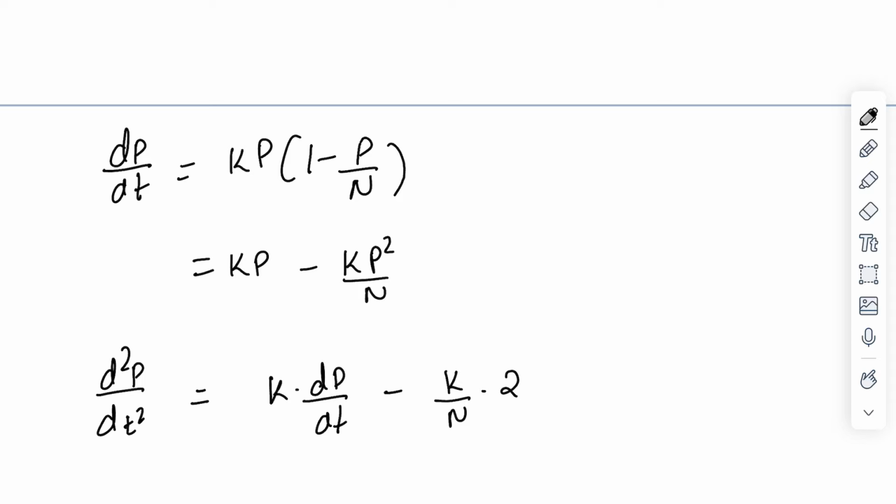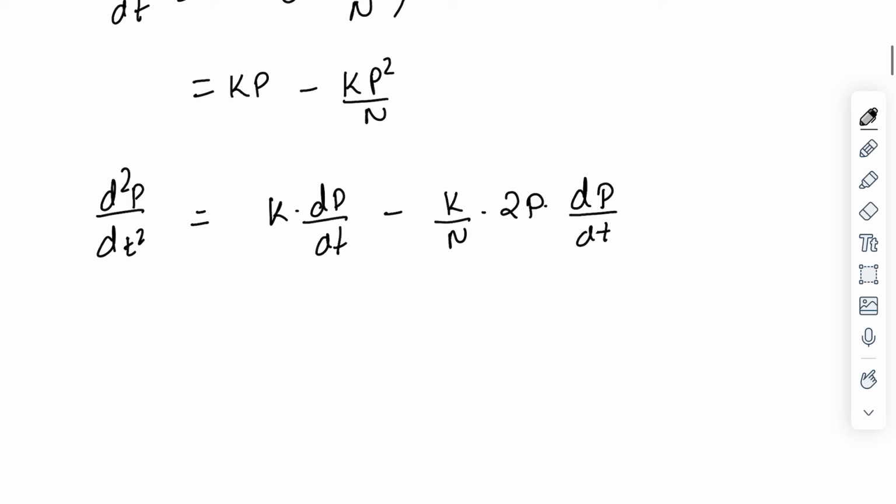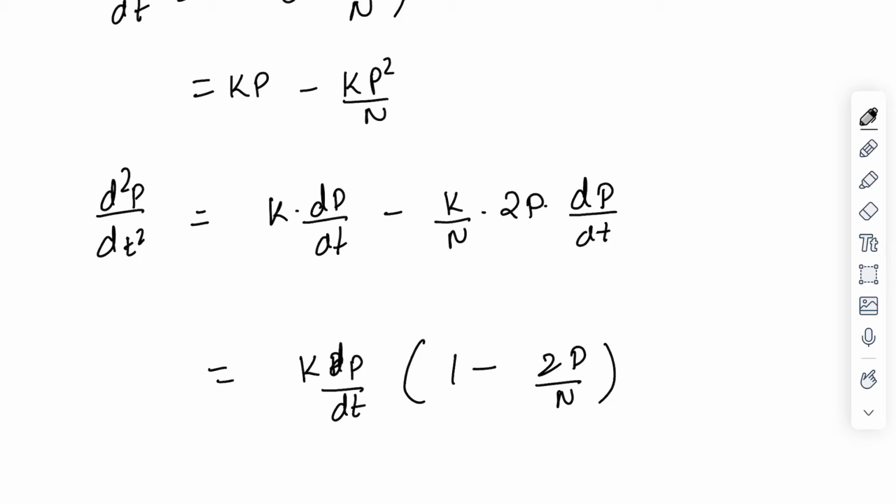The derivative of p squared is 2p, again chain rule, dp upon dt. Now what can I do? I can take k dp upon dt as common. So what am I left over with? 1 minus 2p upon n. This is going to be the answer.